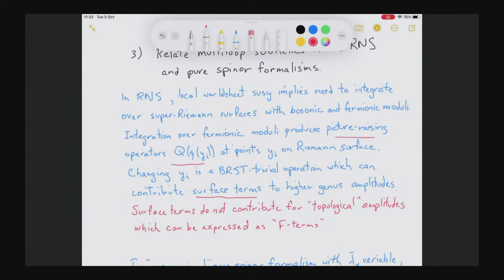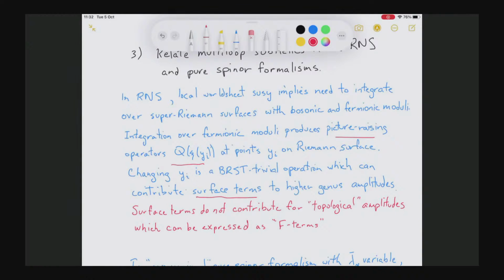There were some papers by Albert Schwarz talking about some kind of U(5) description of RNS, which sounds like it has a similar flavor to what I'm discussing here. But again, I haven't been able to understand these papers. So maybe you could try to study this directly in RNS, by seeing what it means when the amplitude computation preserves a subset of the spacetime supersymmetry, and why that somehow helps.